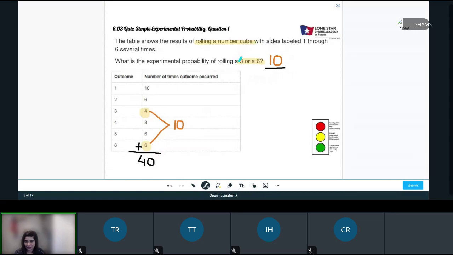So rolling a 3 or a 6 happens 10 out of 40 times, and that can be reduced by 10. Make sure in probability you will always give answers in simplified terms, otherwise the quiz might not accept your answers. So 10 divided by 10 is 1, and 40 divided by 10 is 4. It is going to happen 1/4 of the times.